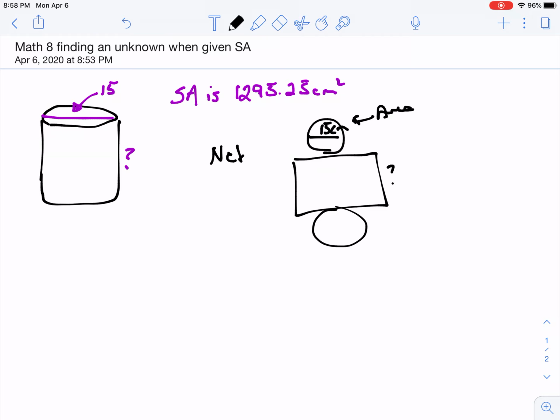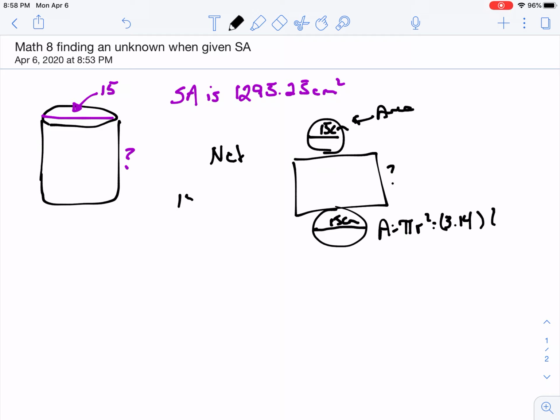So to do that, I'll just start down here. It's the exact same thing because I have a 15 centimeter circle, and I know to find area, it's simply pi times r squared. I know pi, we're giving a value of 3.14. I know radius is going to be half of my diameter.